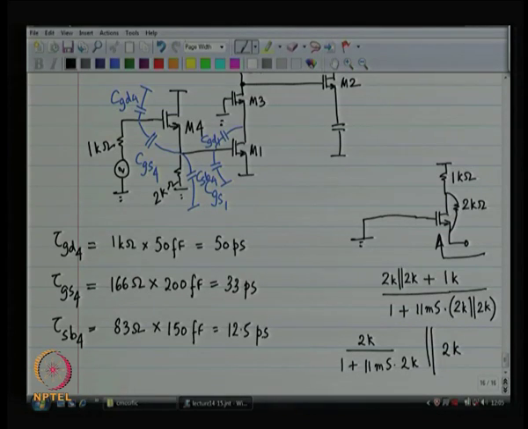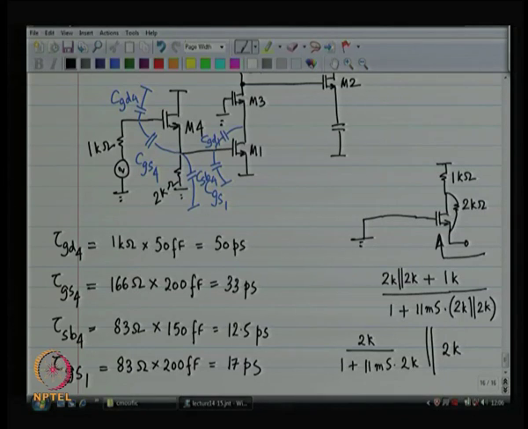Okay. Similarly, gate to source of device number 1 will also see the same thing. So, it's suddenly become all small numbers. Picoseconds. What remains is gate to drain of device number 1.